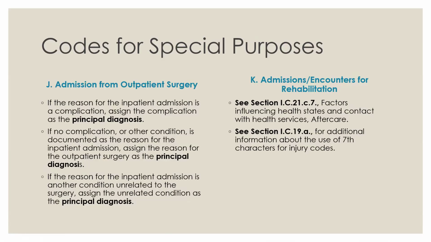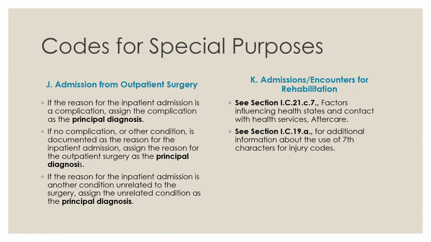For example, if a patient with severe degenerative osteoarthritis of the hip underwent hip replacement and the current encounter or admission is for rehabilitation, report code Z47.1 aftercare following joint replacement surgery as the first listed or principal diagnosis.